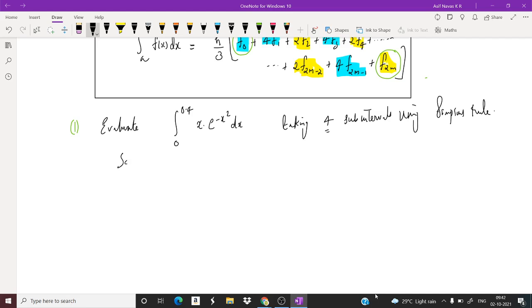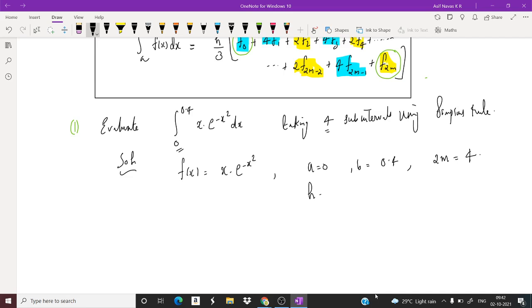Now the solution. First we will write f of x equals x into e raised to minus x square, and we have a equal to 0 and b equal to 0.4, and the number of subintervals 2m is 4.